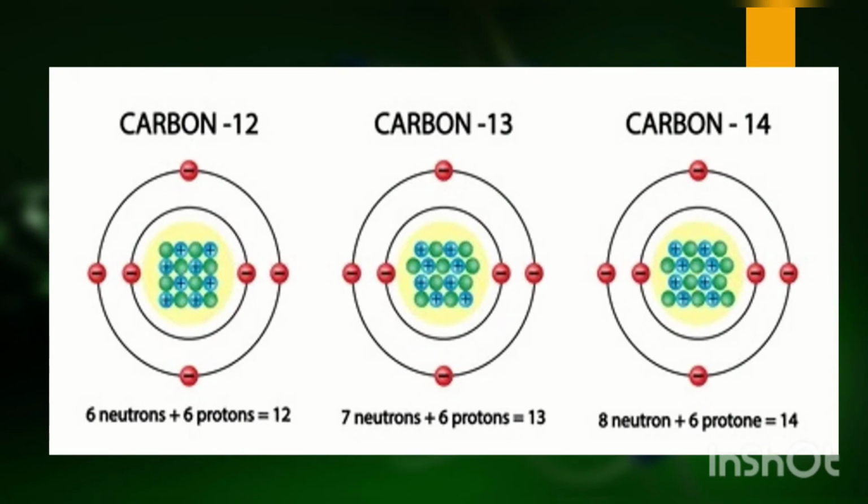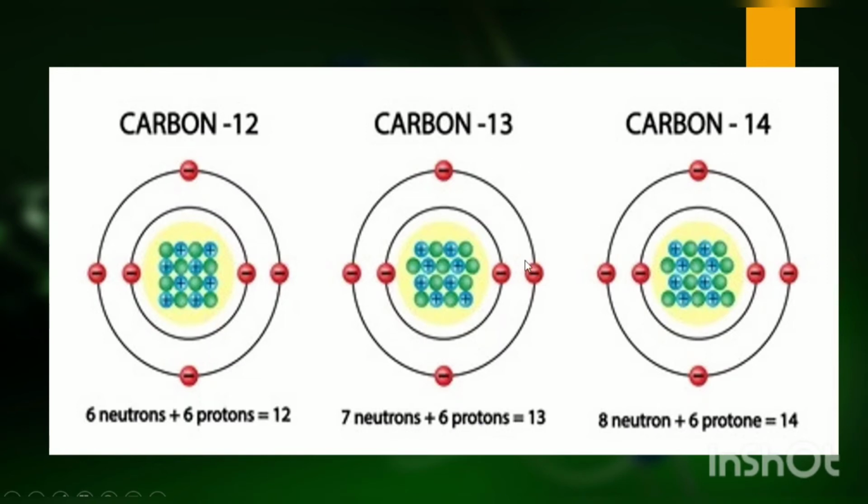So aside from carbon 12 and 13, we also have carbon 14, which is a radioactive carbon that is used for fossil dating, or we call it carbon 14 dating. So carbon 12 has 6 neutrons and 6 protons. That is why its mass number is 12. Carbon 13 has 7 neutrons and 6 protons.